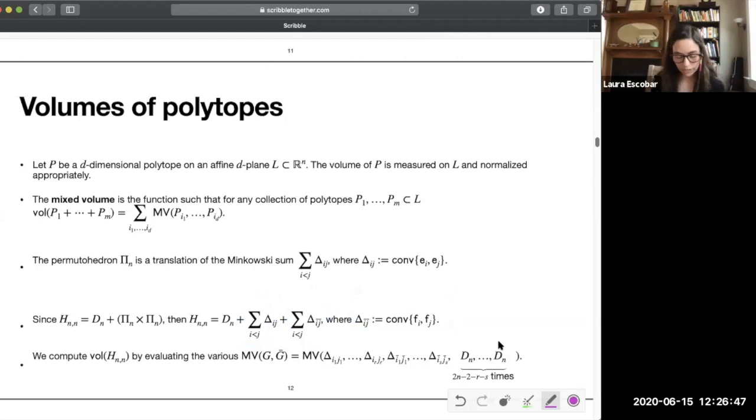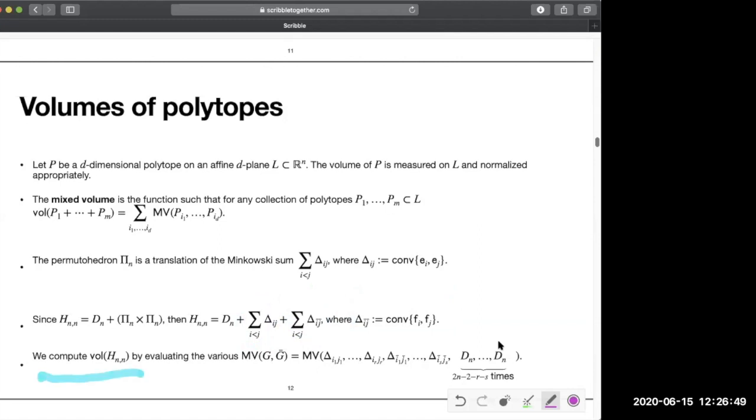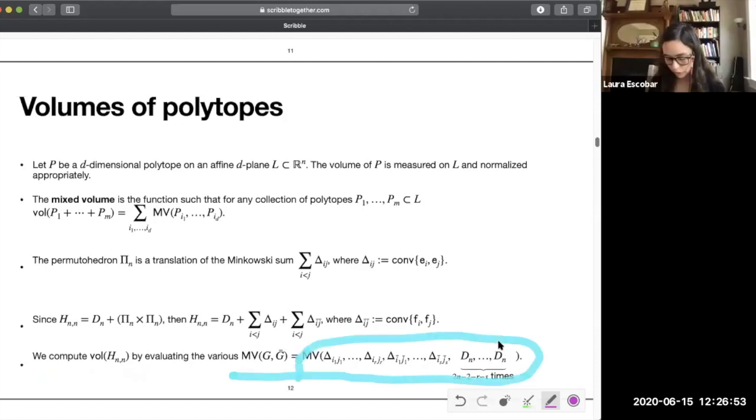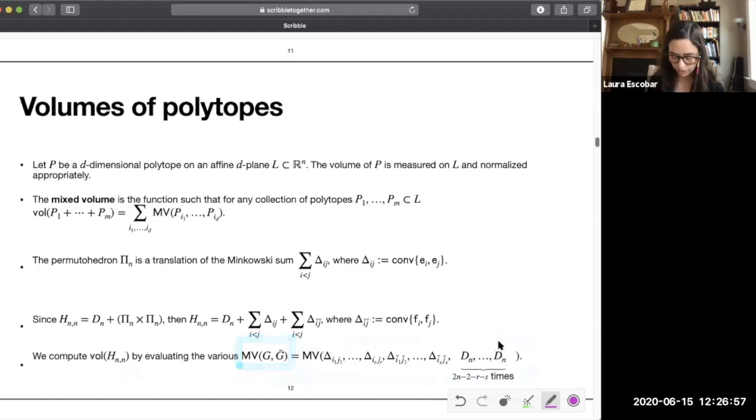Okay, so here we can compute the volume of the harmonic polytope by evaluating various mixed volumes. I'm going to denote them by G and G bar, where this is not very well defined, but I'll tell you in a second. Here R and S are any numbers between 0 and 2n-2; the important thing is that you have the right number of terms.